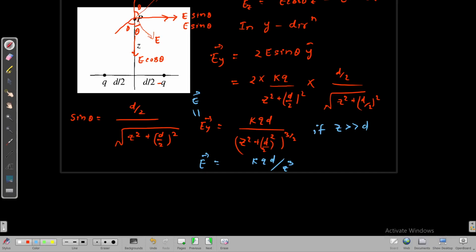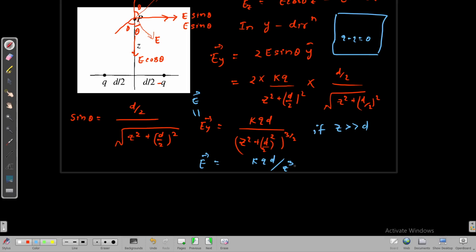You must have been thinking that in the previous problem, in part A, when z became greater than d, we combined the charges and q became 2q. If I combine q and minus q, then it should be 0.